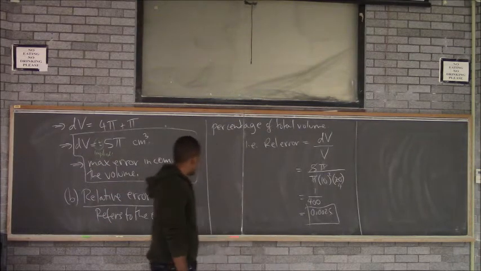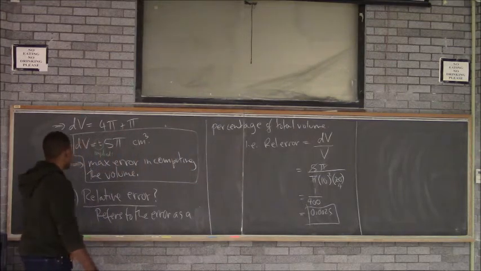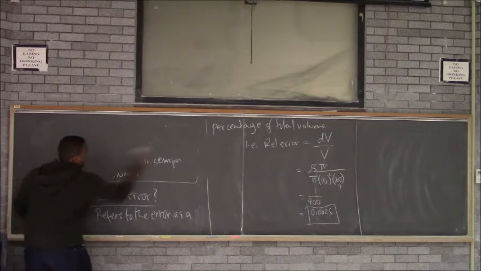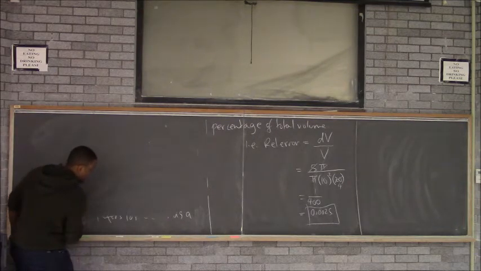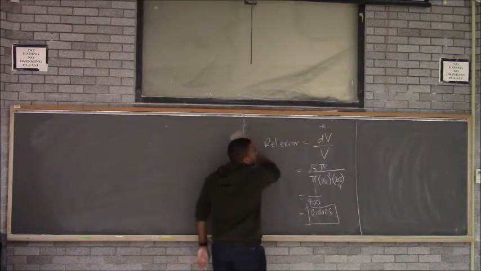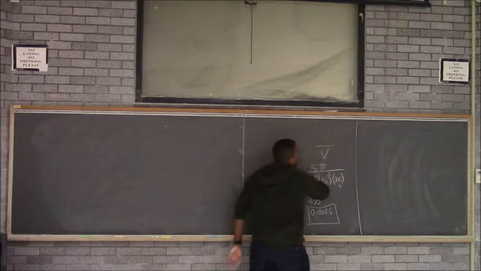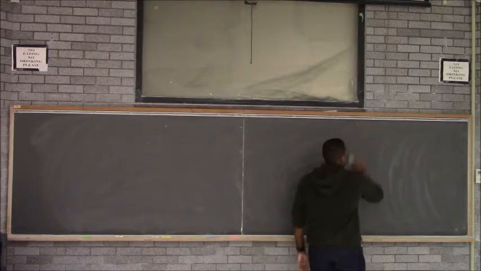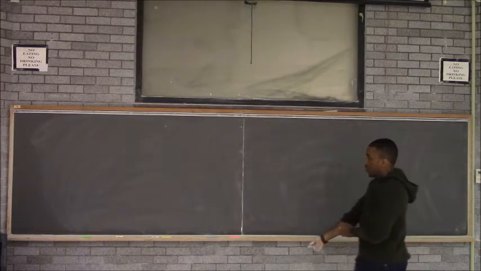It's going to be on maximum and minimum values. Very important application of derivatives. And we'll be using these applications for a while to do a bunch of things. But first, let's actually talk about what these things are.